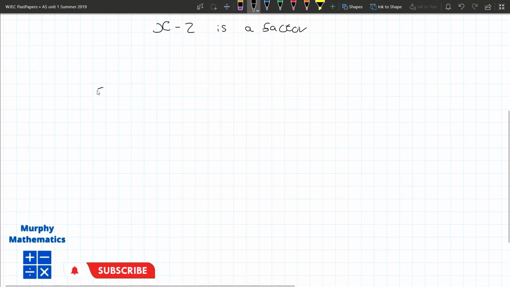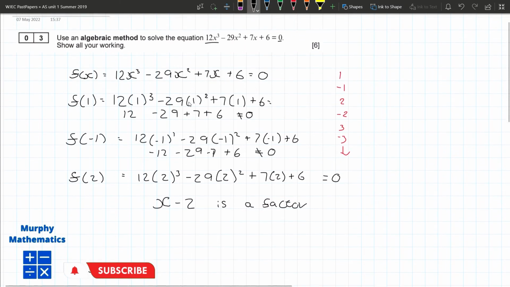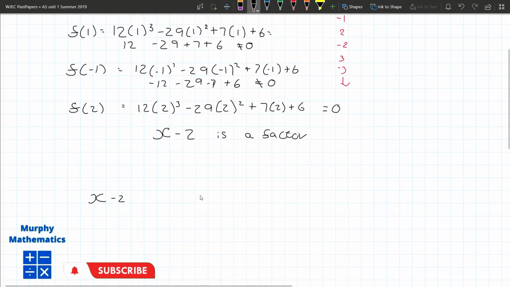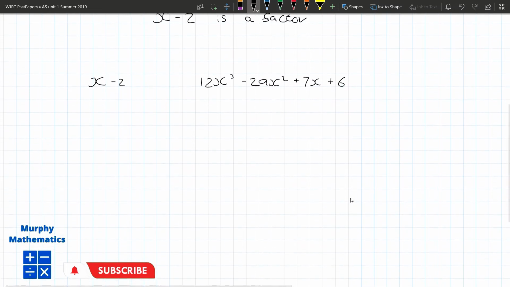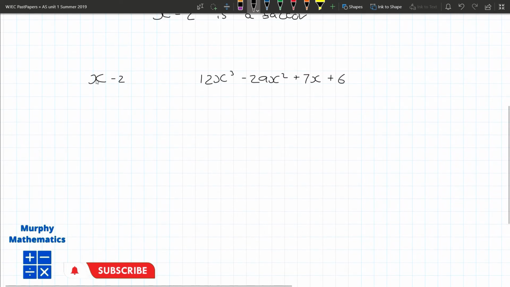I like to write my x minus 2 here, and write my equation next to it, which is 12x cubed minus 29x squared plus 7 lots of x plus 6.